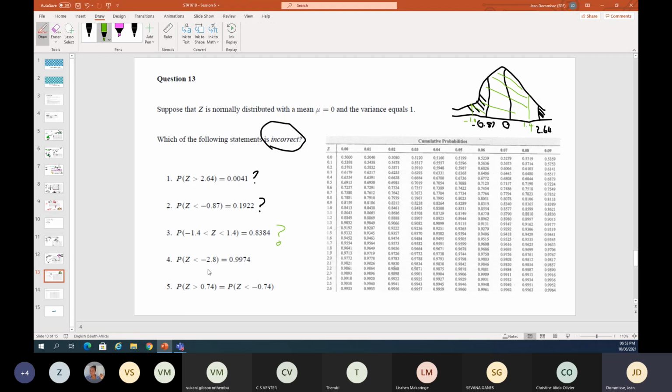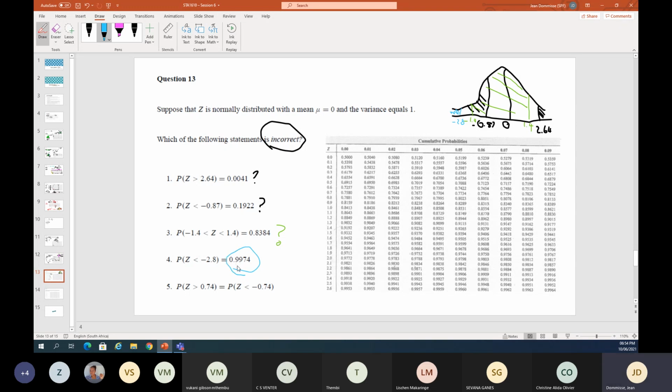Z smaller than minus 2.8, so let's get another color in here. That will be very small and smaller than 0.5.